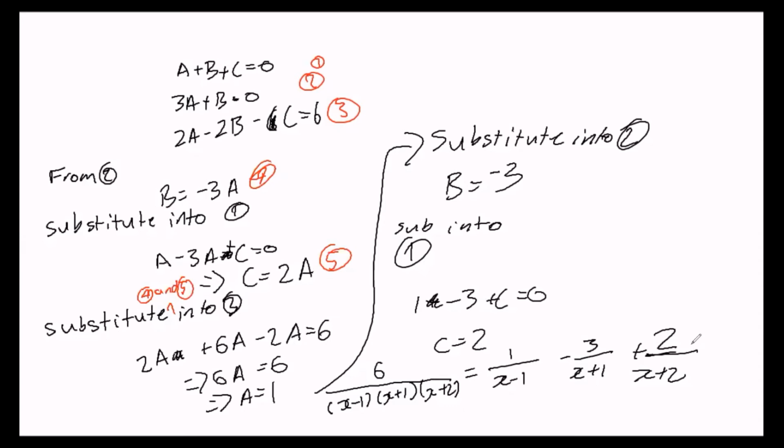Because if you were to try and take the integral of any of these, you could just pull out the constants and then use logs, right? So it'd be pretty easy. It will be ln of x minus 1 minus 3 ln of x plus 1 plus 2 ln of x plus 2.